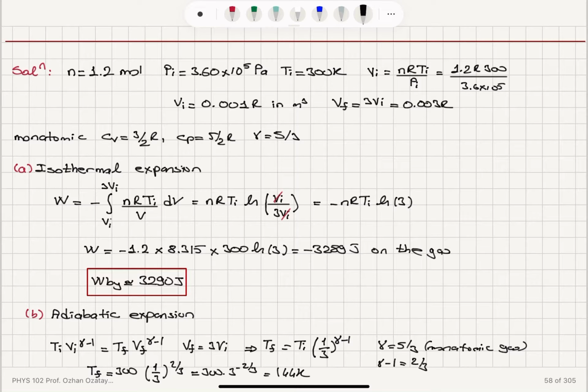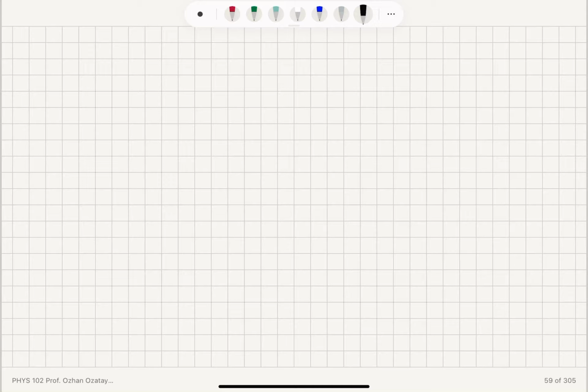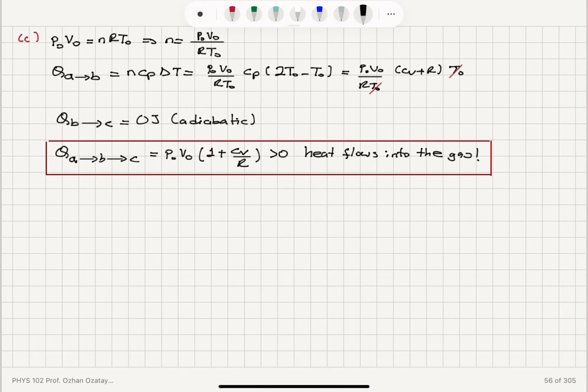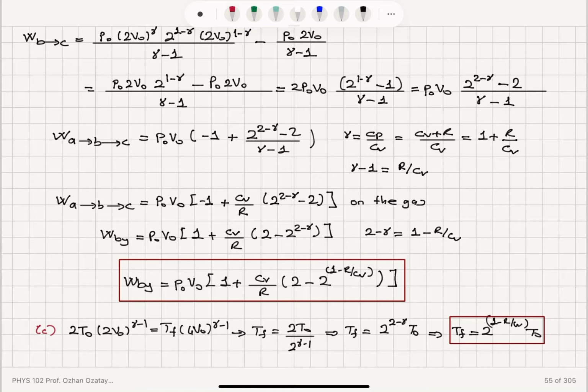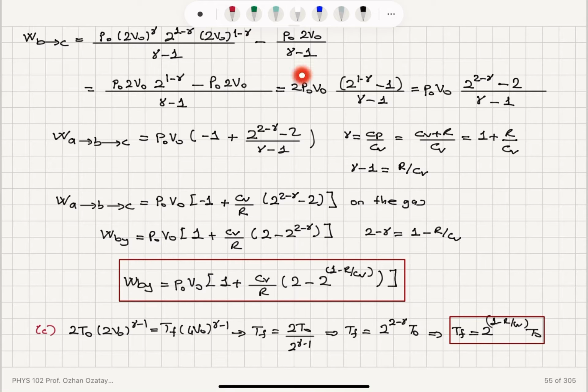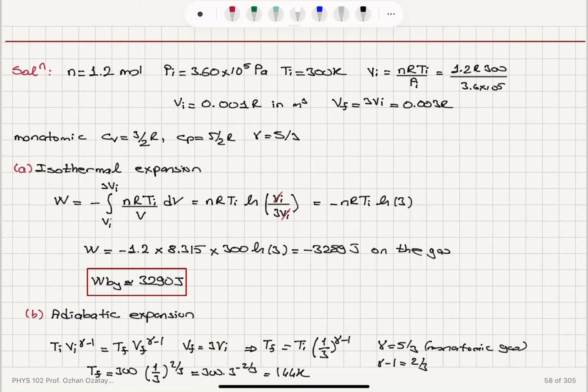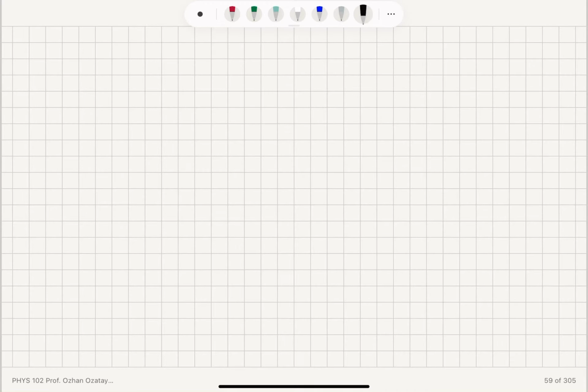Now you may ask, why did you calculate this temperature at the end of the adiabatic process? Because in the previous problem, when I was asked to calculate the work done on the gas, I had to do a lot of work to get the answer, because this integration is quite cumbersome. So what I will do instead here is show you an alternative method, which is to go with the change in the internal energy.